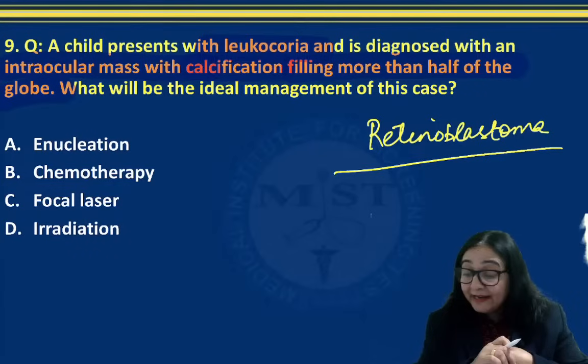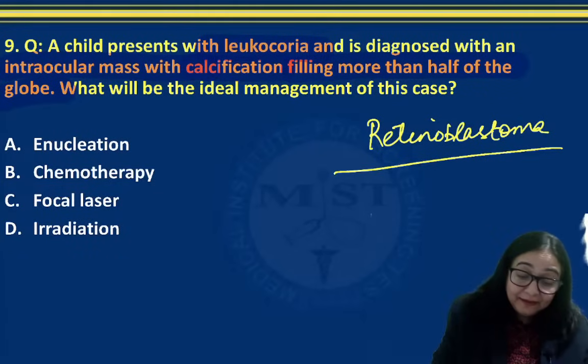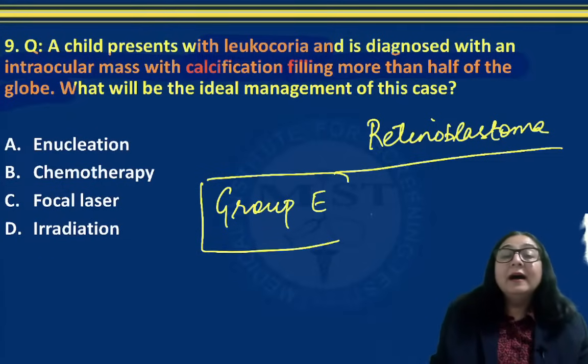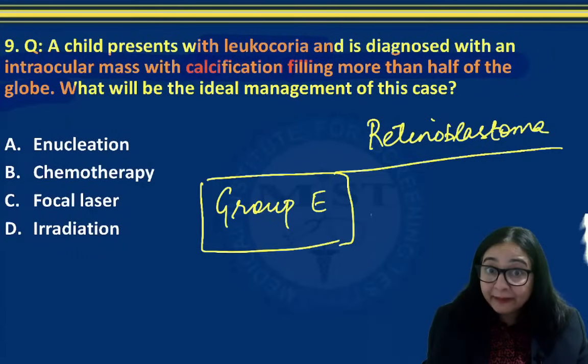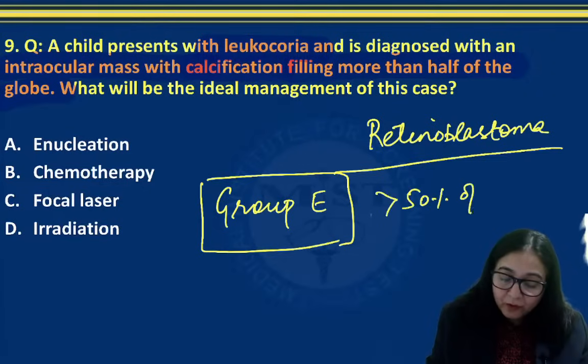So what is the ideal management of this case? With this information given, this tumor falls into group E according to the International Classification of Retinoblastoma, beta. According to ICRB, the tumor fills more than 50% of the globe.